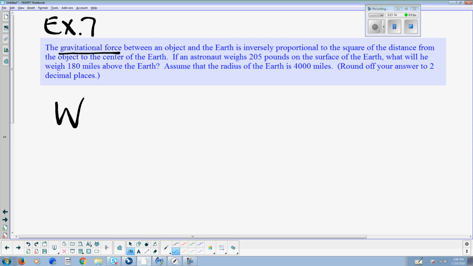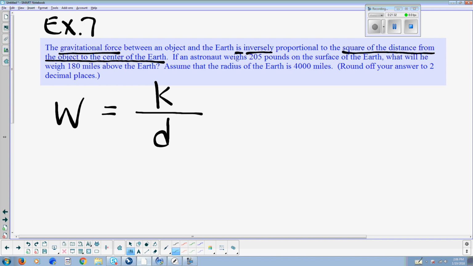Between an object and Earth is, equal sign, by the way, inversely proportional. So it's going to be K divided by the square of the distance from the object to the center of Earth. So inversely to the square of the distance.